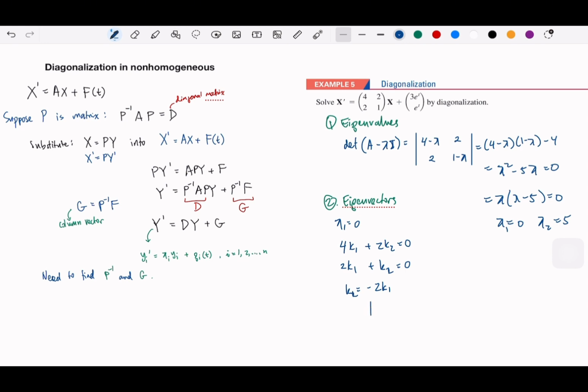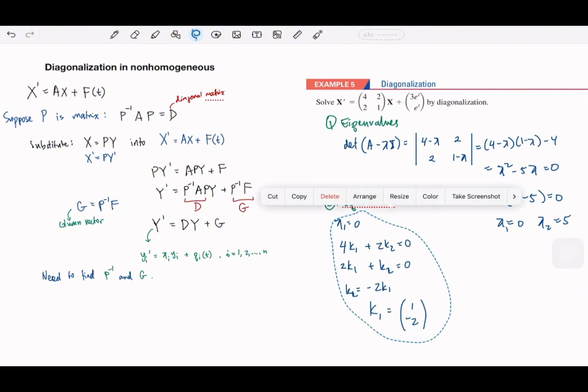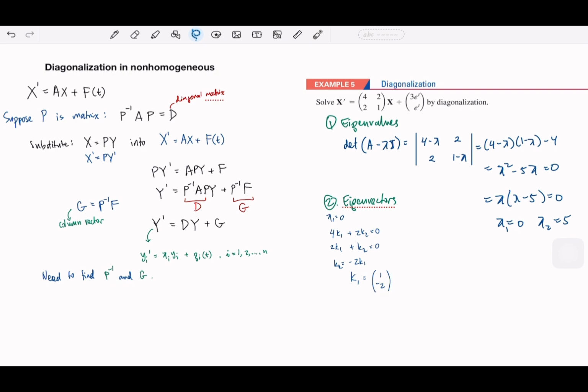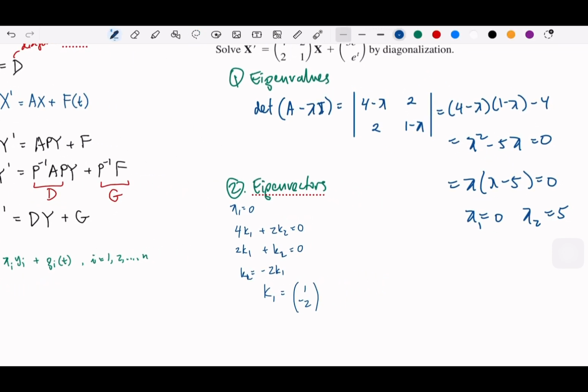So we can have k1 is 1, negative 2. And for lambda 2, it should be 2, 1 now, right?